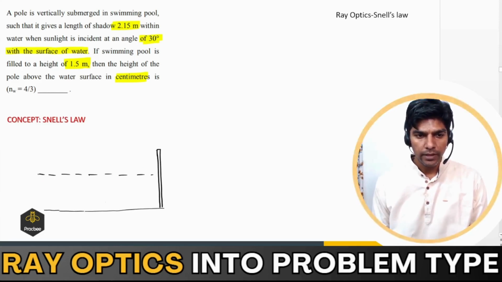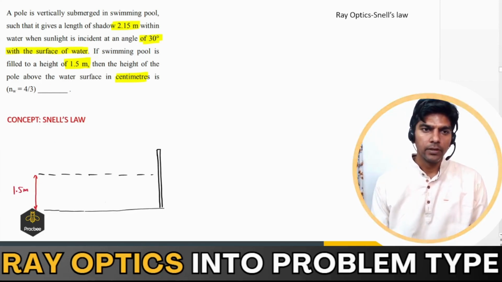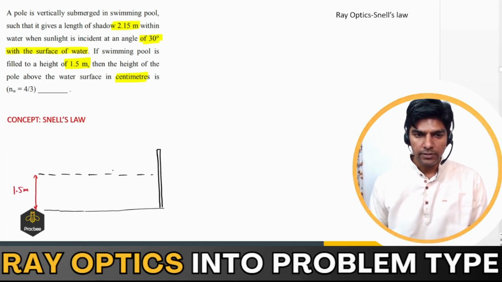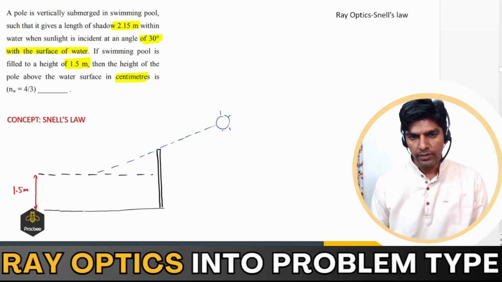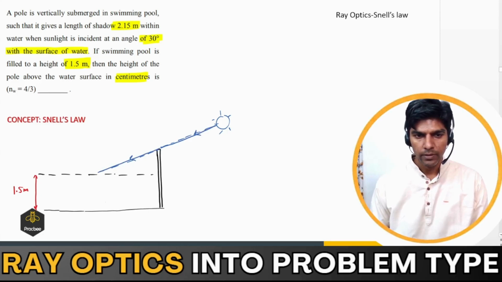Water is filled up to the height of 1.5 meters. And if we consider, the sun rays make an angle of 30 degrees with the horizontal. So that is the sun, and rays are coming like this. So this angle is 30 degrees.